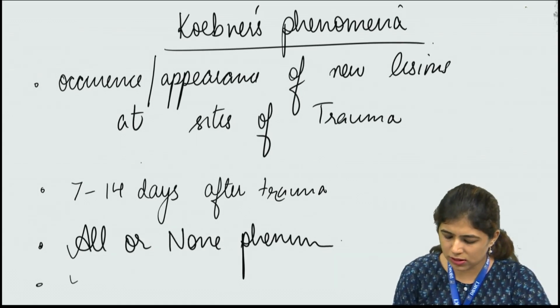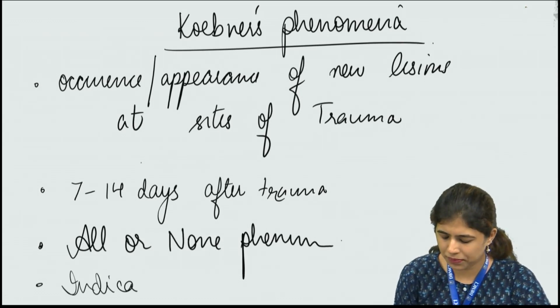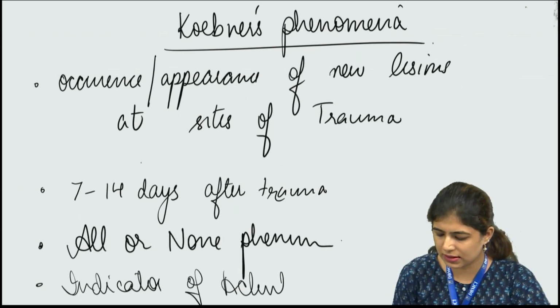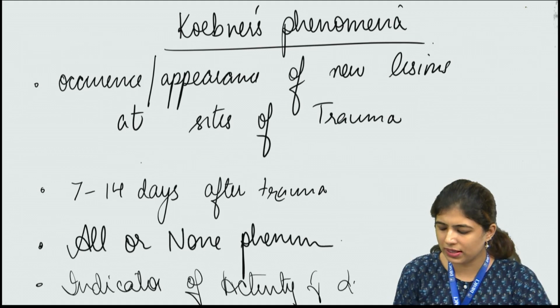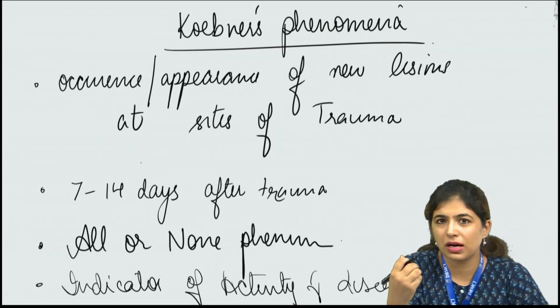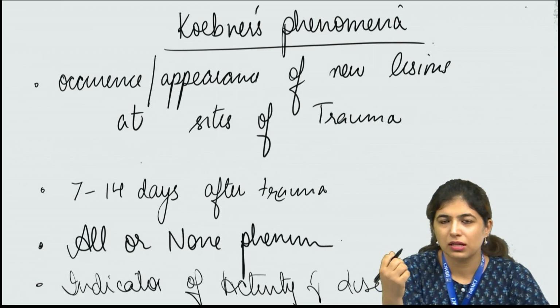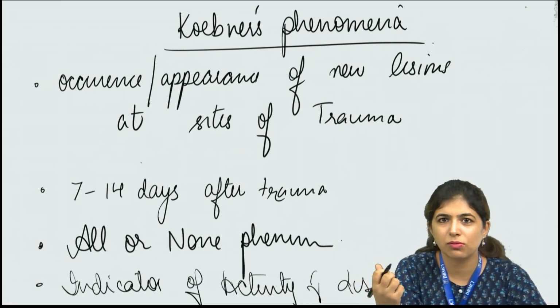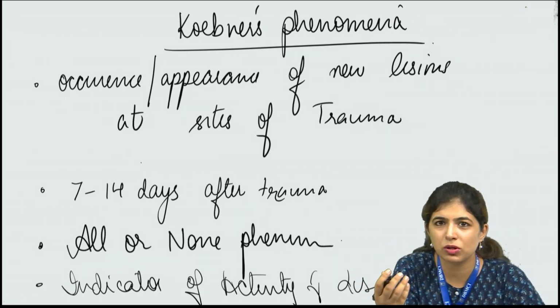And this is also an indicator of the activity of the disease. What does activity of the disease mean? If the patient is suffering from a current flare of psoriasis, there are a number of psoriatic lesions in the body, and the patient has a tendency to develop new lesions.